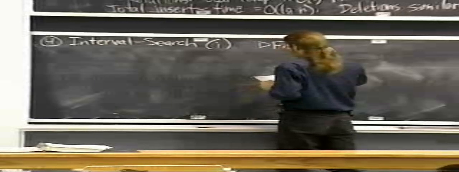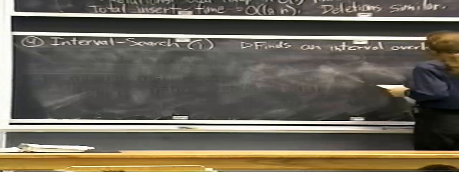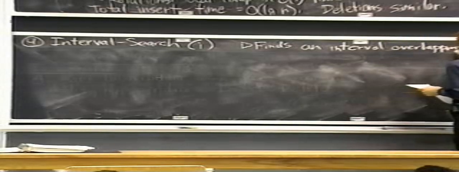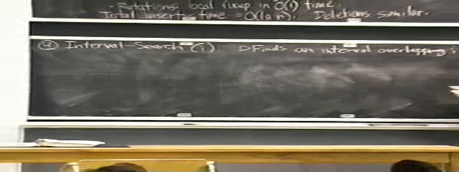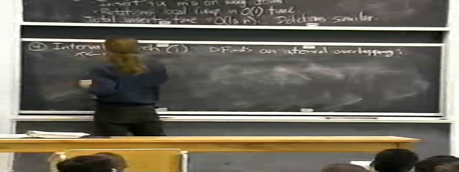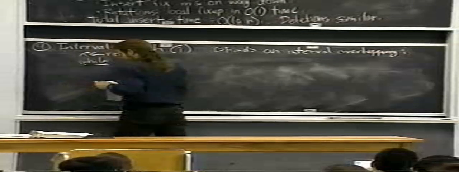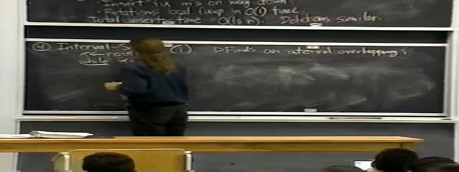We want to find, give me an interval that overlaps I, or tell me that there aren't any. So that's my goal, and here's how I'm going to do it. Start at the root. There's a loop. I'll say what the loop means in a second.